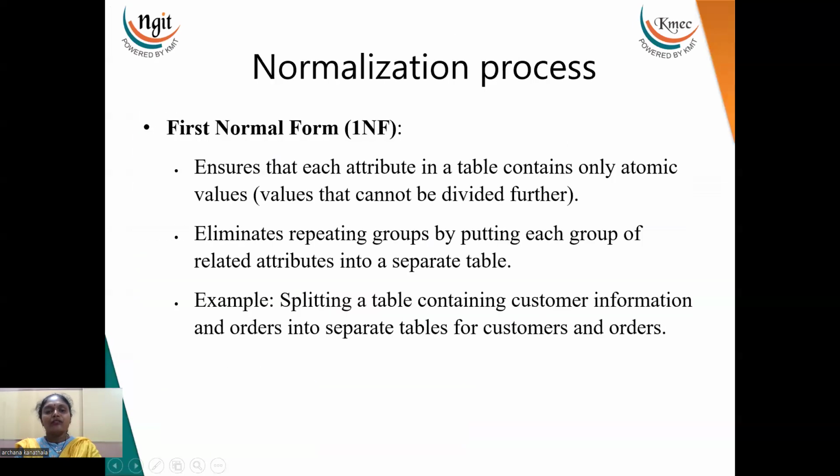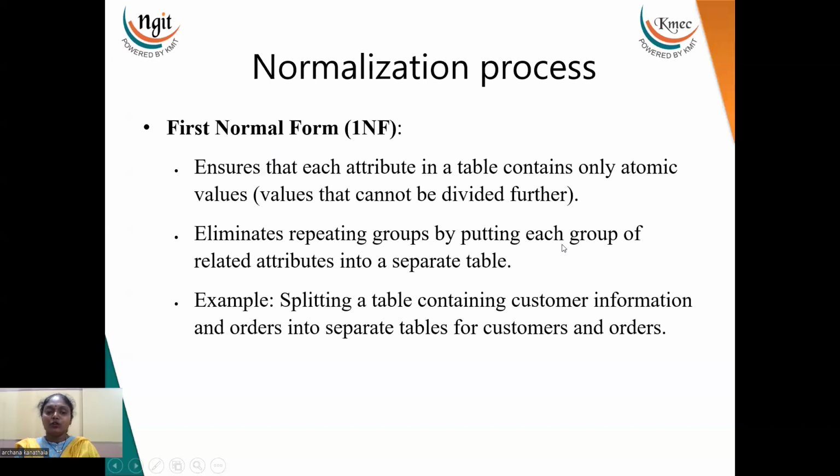Now we have the first normal form. The first normal form states that each attribute should contain only atomic values. That means a single valued dependency is going to be implemented by the first normal form.